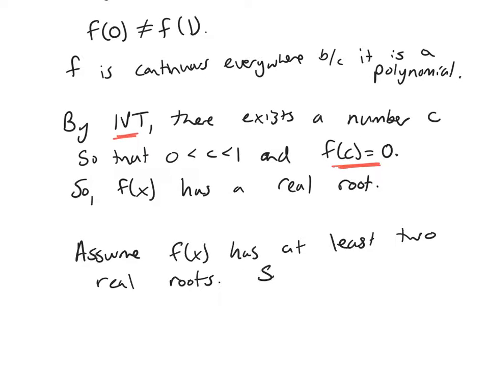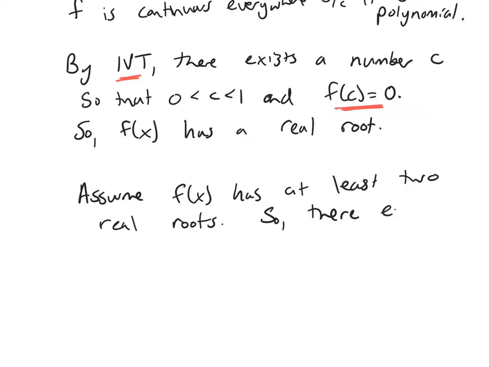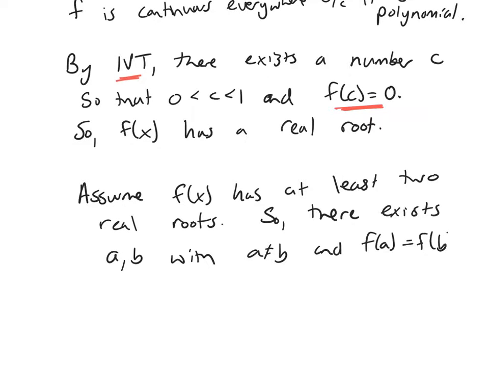I'm going to call the two roots a and b. So there exists an a and a b that are not equal, but when I plug them into my function, since they're both roots, they output 0.